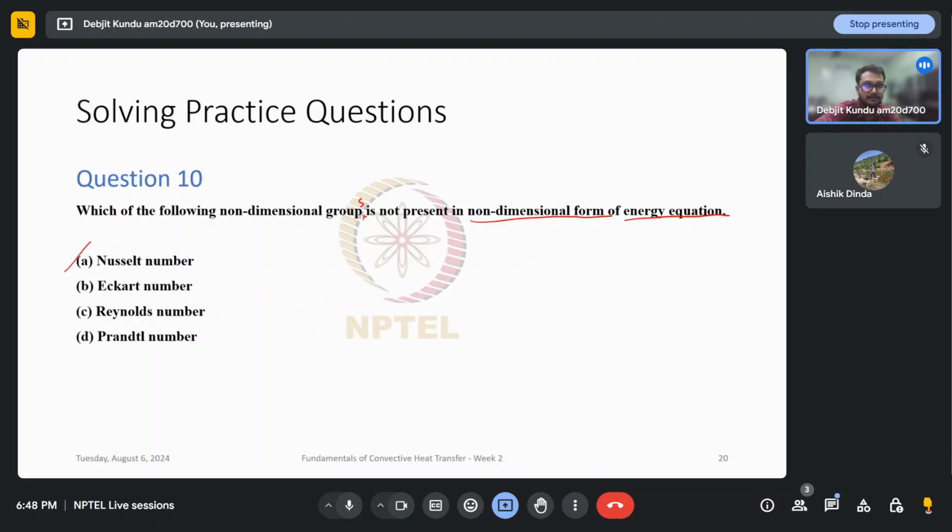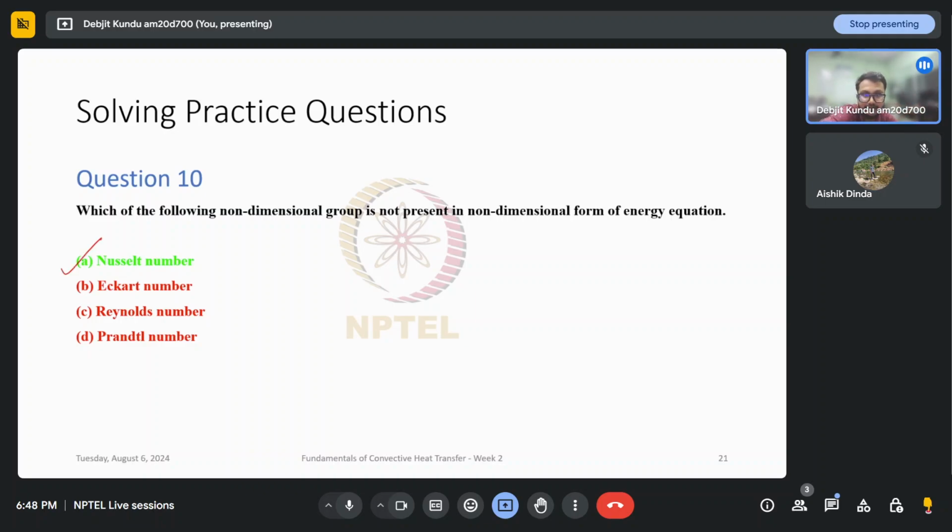It's kind of counterintuitive since the Nusselt number is so important for convective heat transfer, yet it doesn't appear in the non-dimensional form of the energy equation. So if I remember correctly, it's only the Eckert number, and a Peclet number also appears. So basically, Prandtl and Reynolds mixed together. It's the Nusselt number that doesn't appear. So the correct answer is again option A, Nusselt number.